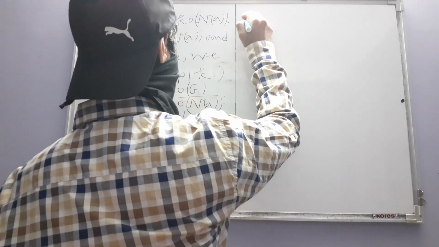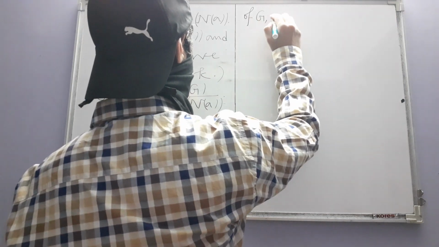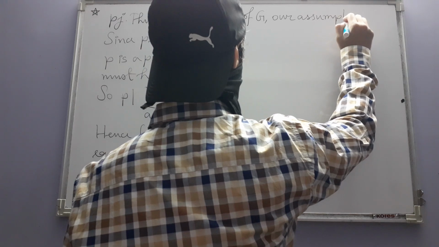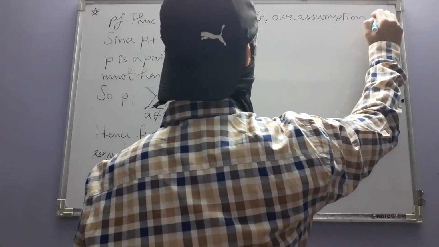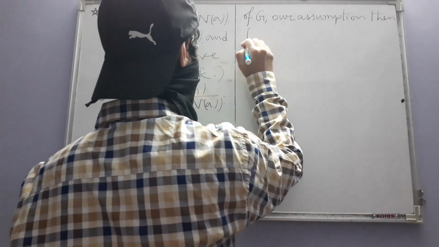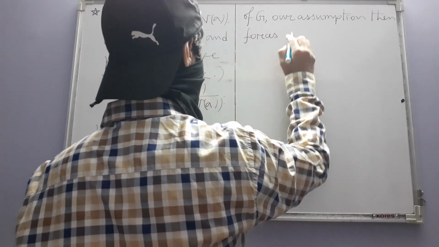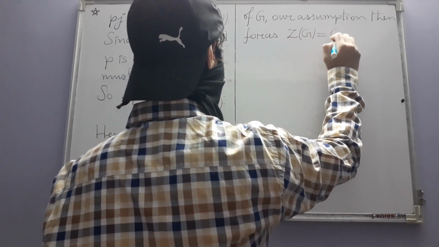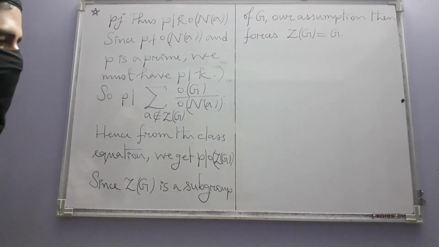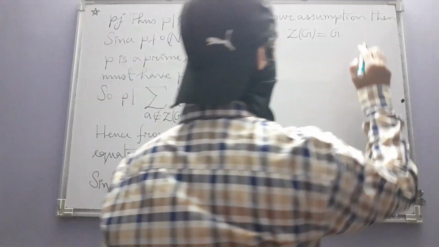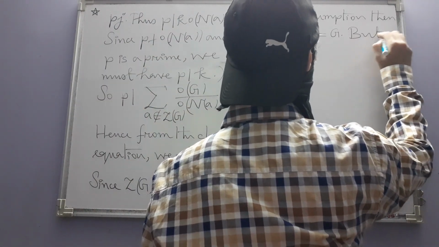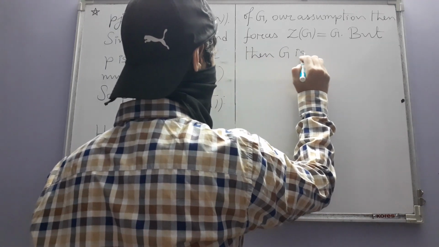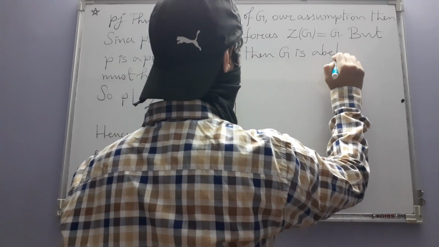Since this is a subgroup of G, our assumption then forces us to conclude that the center is equal to G. But then G is abelian.